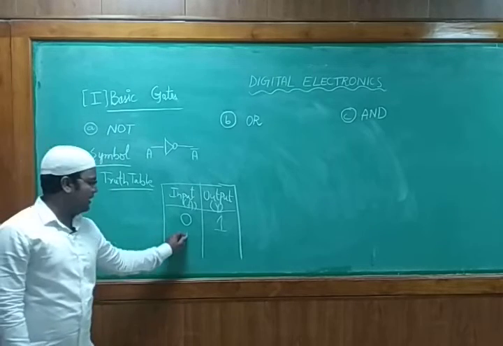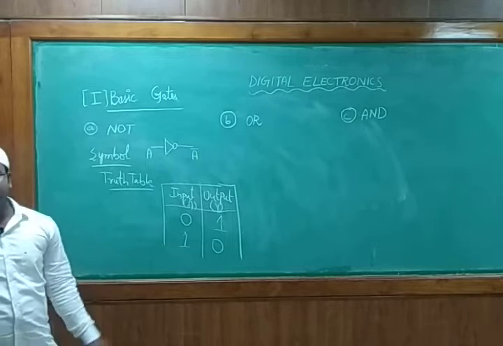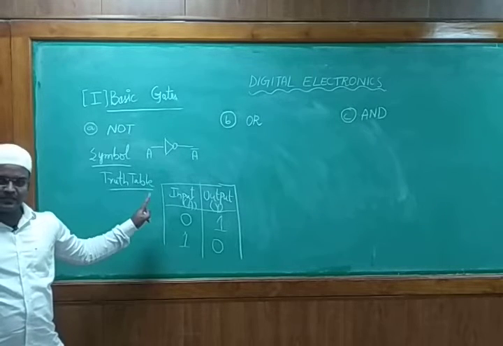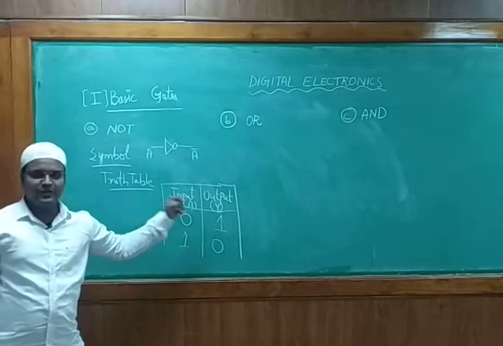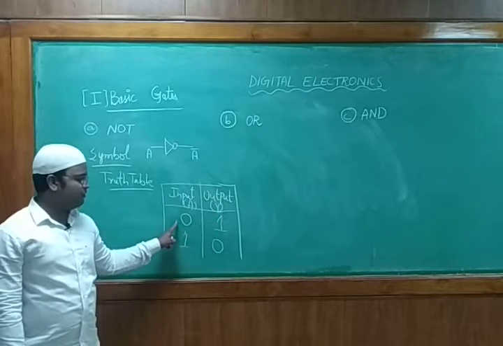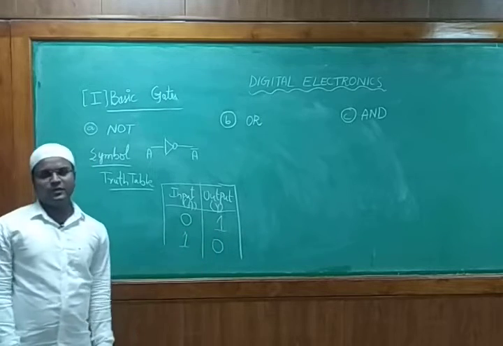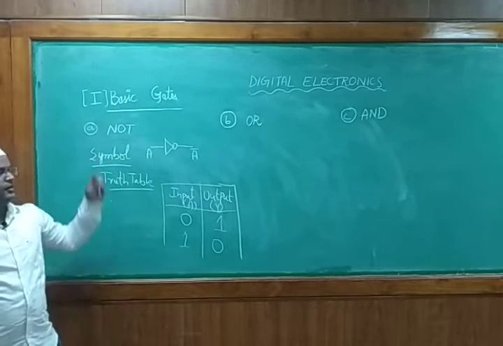If the input is 1, then it modifies it to 0. That means it takes a single input and converts it to its complement form. If I give 0, then I get 1. If I give 1, then it makes it 0. That's how the NOT gate will work.